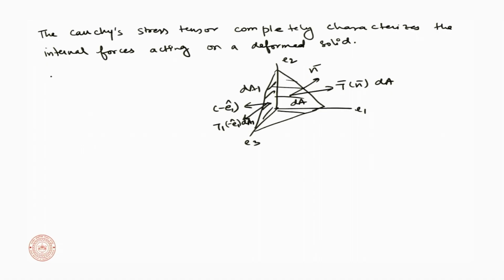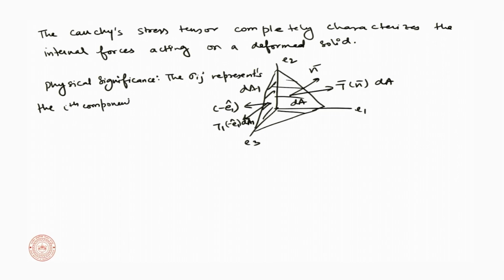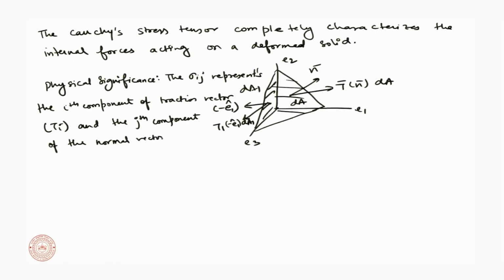So, the physical significance is that the sigma ij, or the Cauchy stress tensor, represents the ith component of the traction vector, that is T of i, and the jth component of the normal vector, that is E of j or n of j.